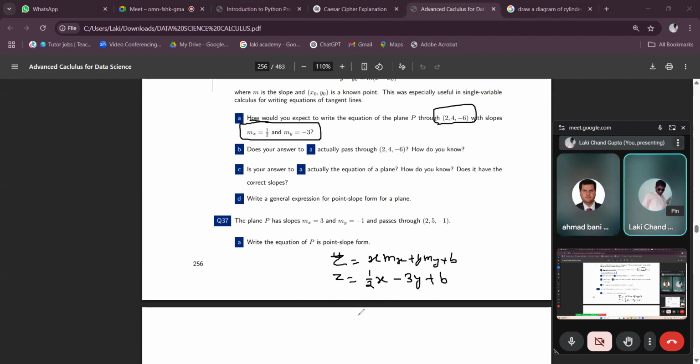Okay, now we find point B. How can you find point B? Put z is equal to -6, x is equal to 2, y is equal to 4, right? 2 minus 12 is -11... so B is 5, right?